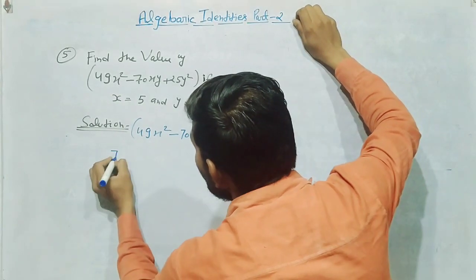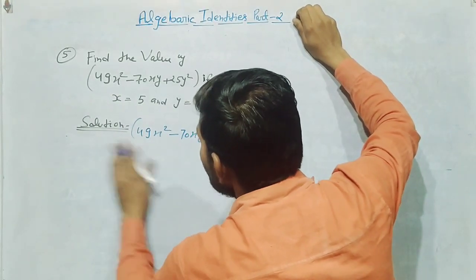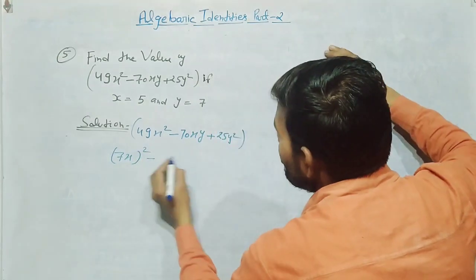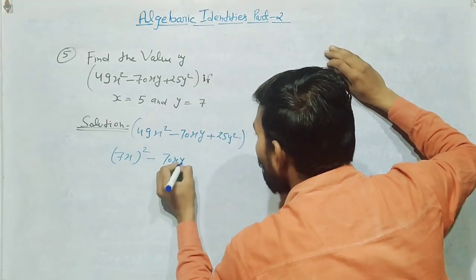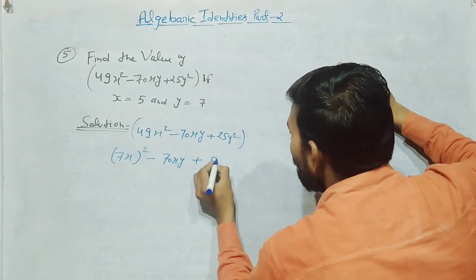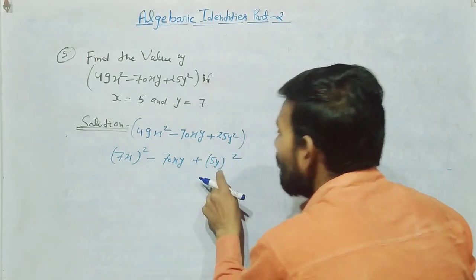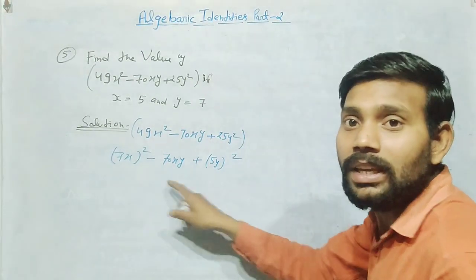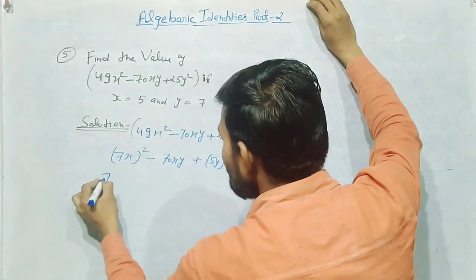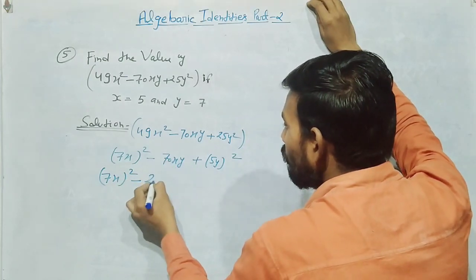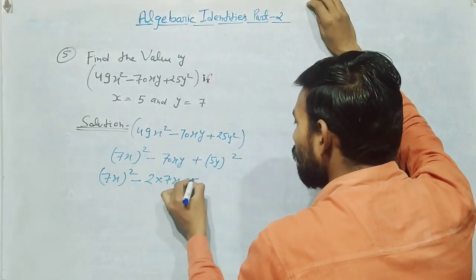49 can be written in the form of (7x) to the whole square minus 70xy plus (5y) to the whole square. Here is the form of a square plus b square minus twice of ab. तो इसको मुझे सॉल्व करना है. (7x) to the whole square minus, we can write 2 into 7x into 5y.